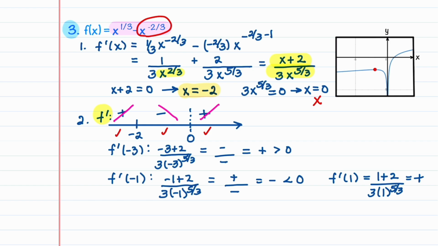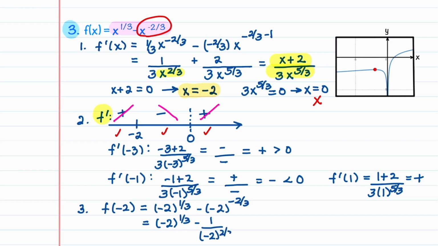So this means for step 3, we can see that we're going to have a local max at -2. So let's find our function at -2. Now we are going back to the pink highlighted function up above, and we're going to substitute in -2. This gives us -2 to the 1/3 minus a -2 to the -2/3. This is pretty involved. Hang with me. This is -2 to the 1/3 minus 1, all divided by -2 to the 2/3.